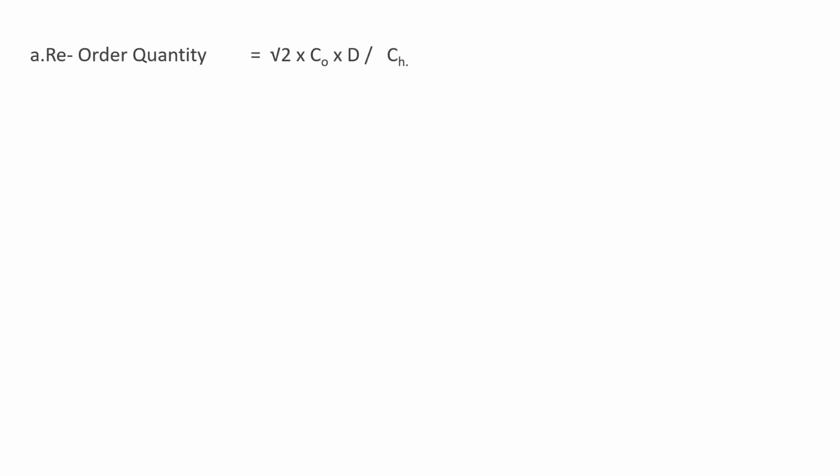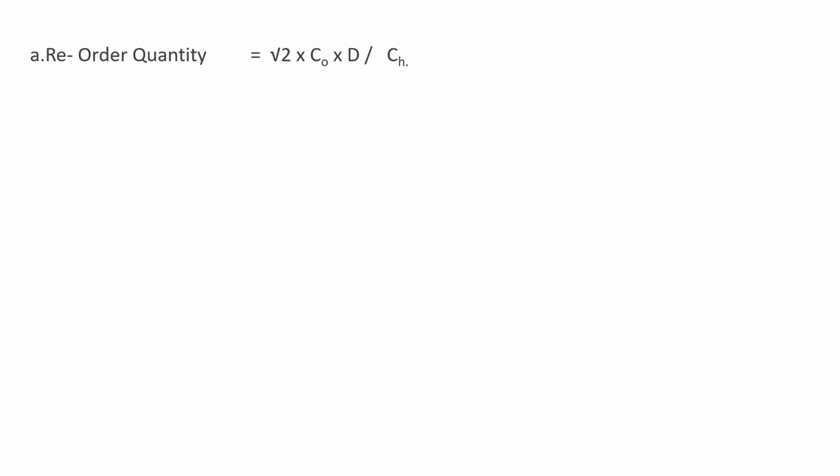Now, let's calculate the reorder quantity first. To calculate the reorder quantity, we can use the economic order quantity or the EOQ formula. So here, to get the annual demand, we are going to use the normal usage. In this question, the normal usage is 50 units per week.